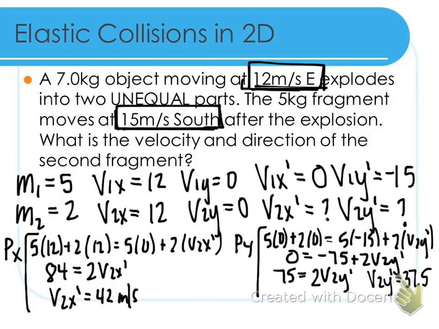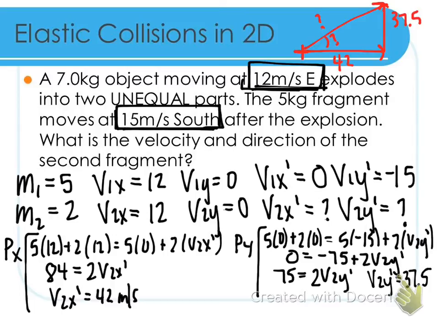Okay, did we get our x and our y components, or are we still working? Okay, so we would say 42 meters per second east and 37.5 north. We know they're going north and east because they're both positive. We're going to solve for that final velocity.